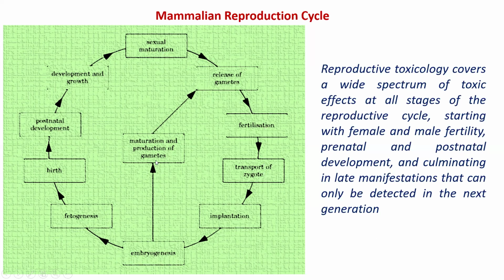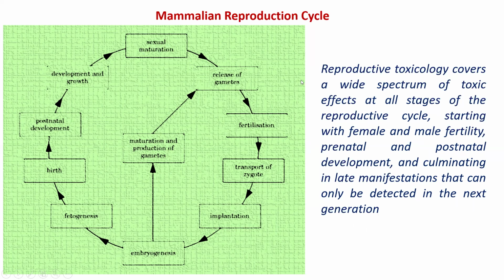Embryogenesis can also involve the maturation and production of gametes, which leads to the release of gametes. So reproductive toxicology covers a wide spectrum of toxic effects at all stages of the reproductive cycle, starting with female and male fertility, then prenatal and postnatal development, and culminating in late manifestations that can only be detected in the next generation.